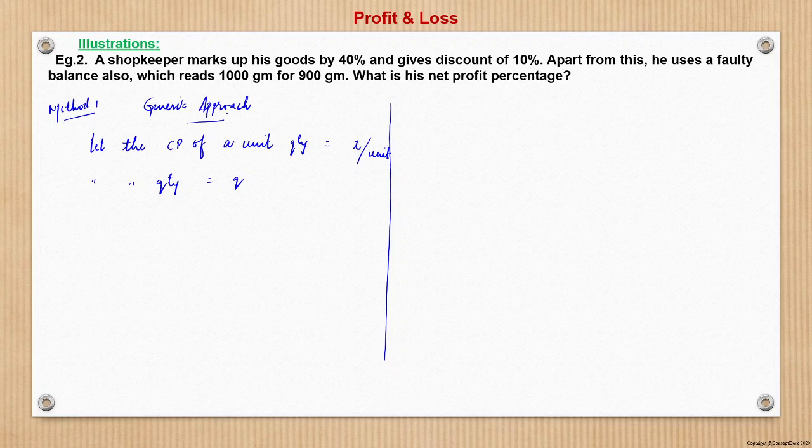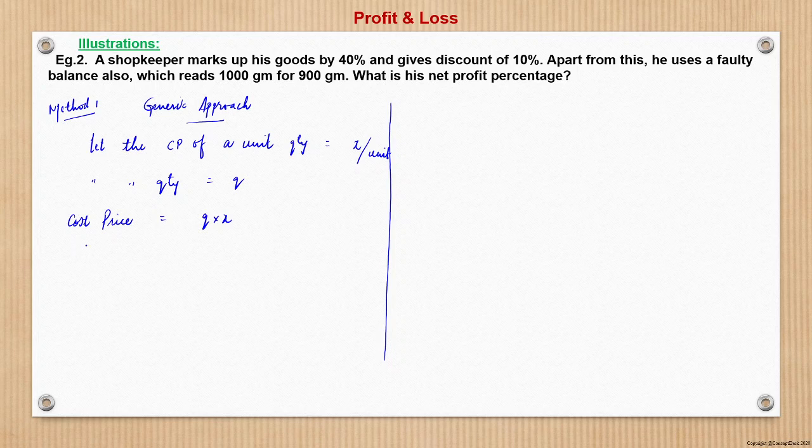So the shopkeeper would have bought Q quantity at x per unit from a wholesaler, right? So what is the cost price for the shopkeeper? That is nothing but Q into x, right?